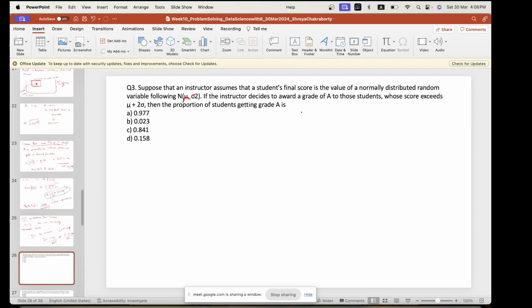Grade A will be awarded to students whose scores exceed μ plus 2σ. So then we want the probability that X is greater than μ plus 2σ.